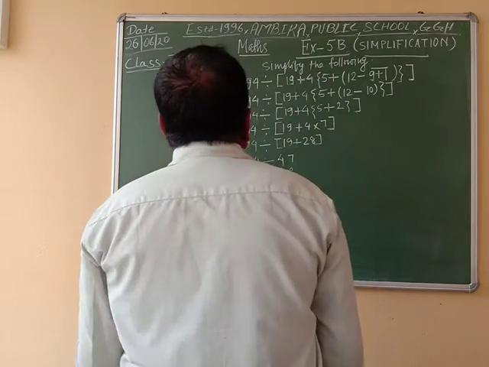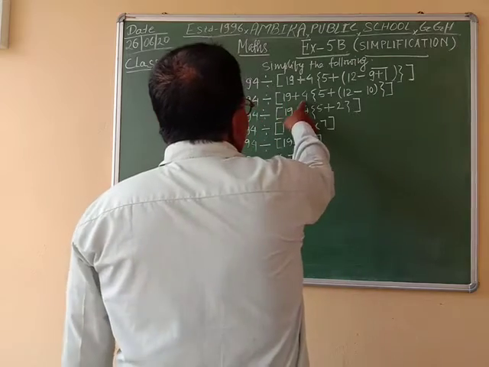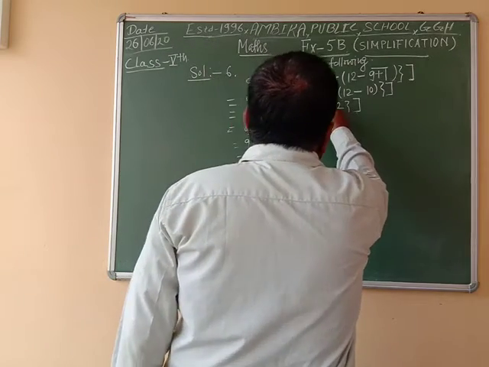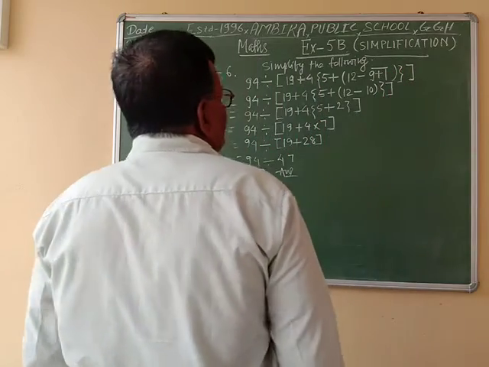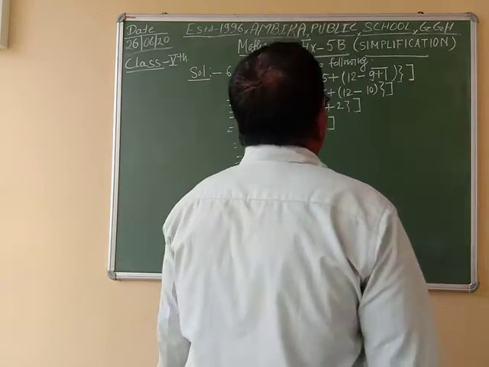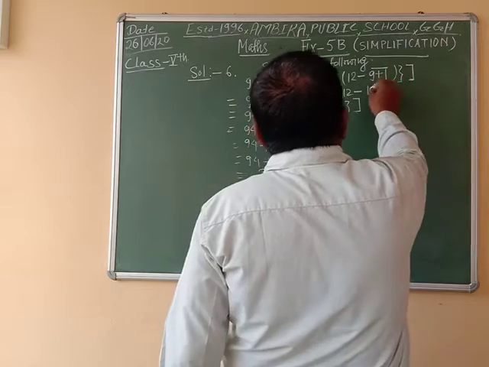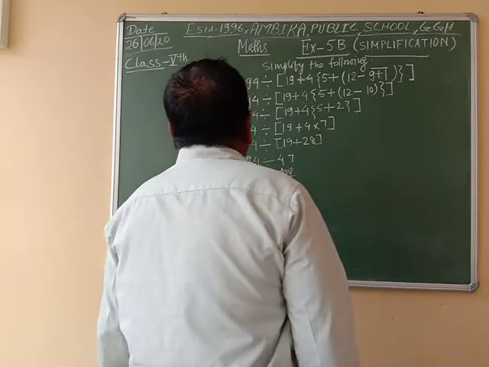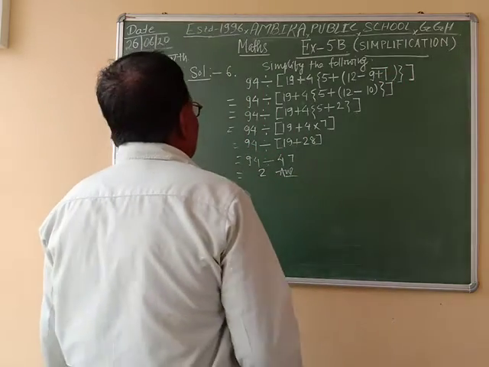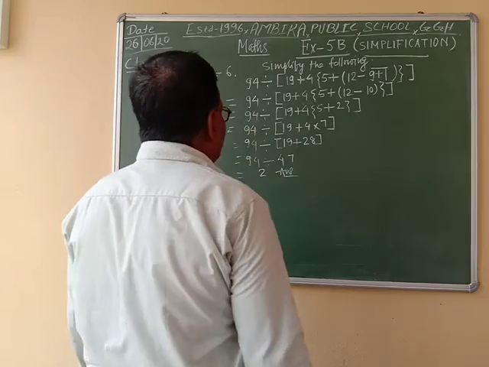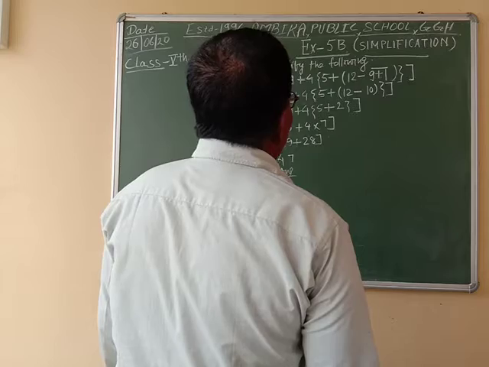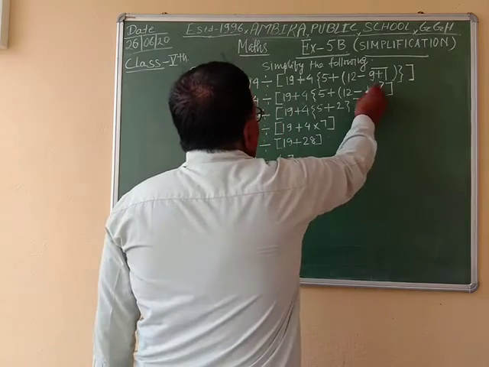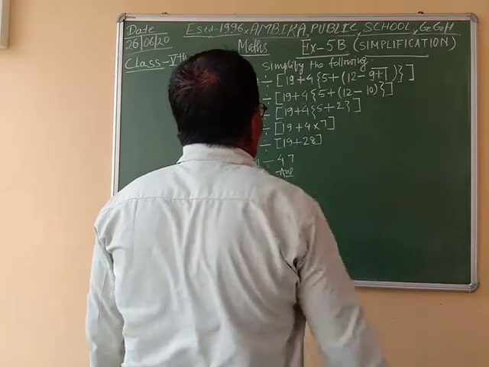Is equal to 94 divided by 19 plus 4 curly bracket 5 plus 12 minus, we perform operations under the bracket, 9 plus 1 is equal to 10. And in the next step we write 94 divided by 19 plus 4 curly bracket starts 5 plus 12 minus 10. 12 minus 10 is equal to 2.